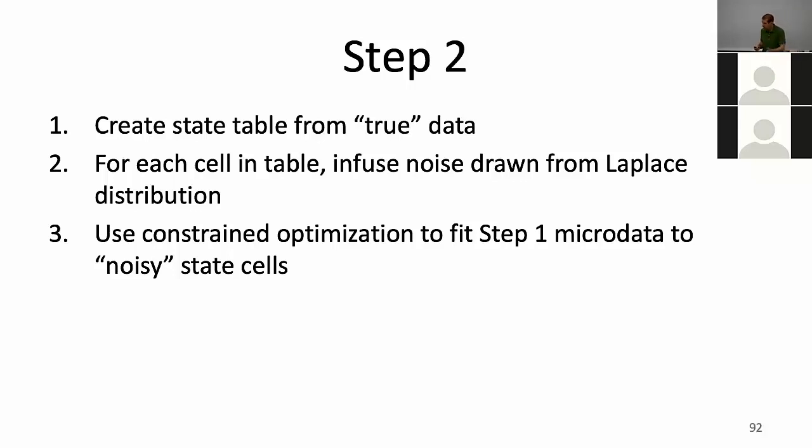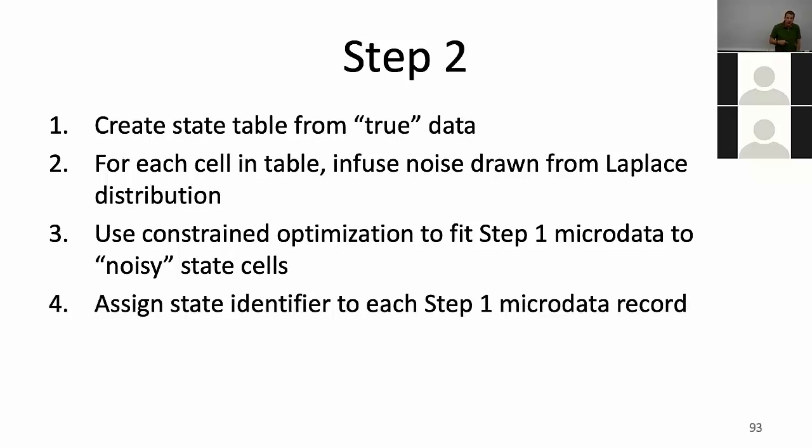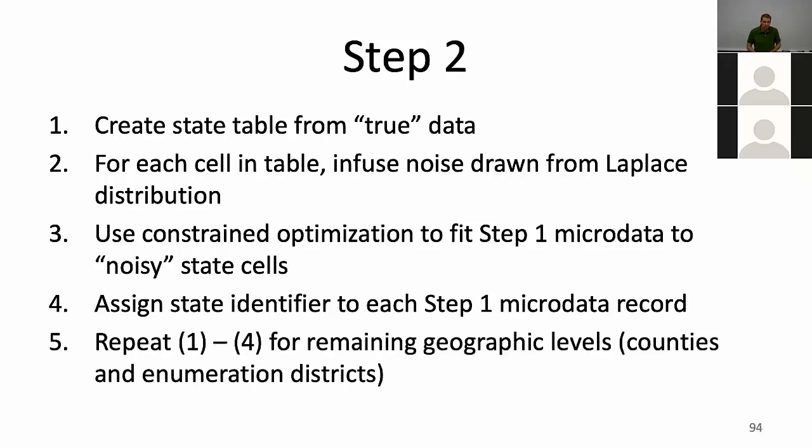They use this commercial product to decide what the stopping rules are. After they've done that optimization, they then assign a state identifier to each of those step one microdata records. So they've done this process, and now each record in the step one microdata has a state code on it. They haven't changed any of the other bits of information on the record, but they've assigned a state code to that person.